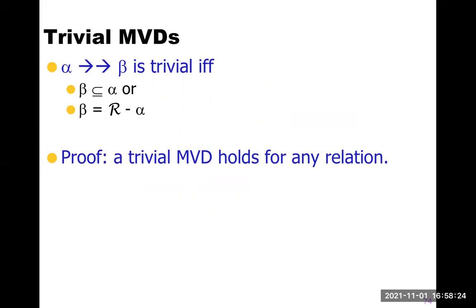Essentially, all the functional and multi-value dependencies come not from data. They come from our domain knowledge. So we know that in our company or in our business, in our situation, we have such dependencies.